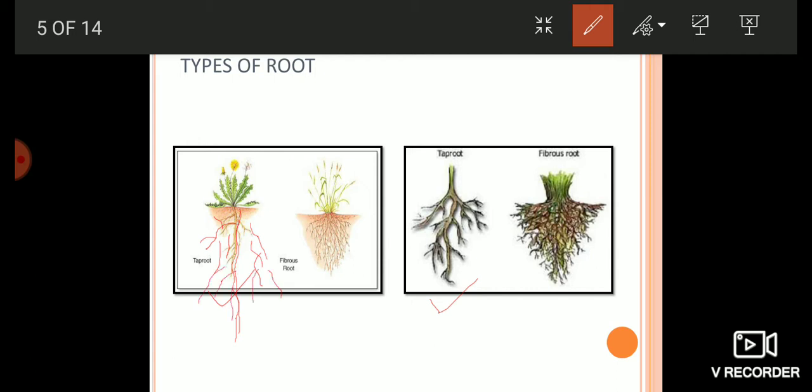So these are the lateral roots, small roots. Here also a main prominent long root having the small lateral roots which grow from this main root. So this type of root system is called the taproot system.